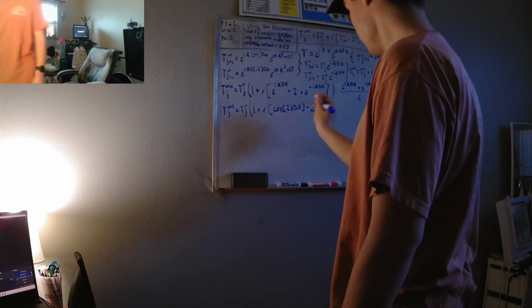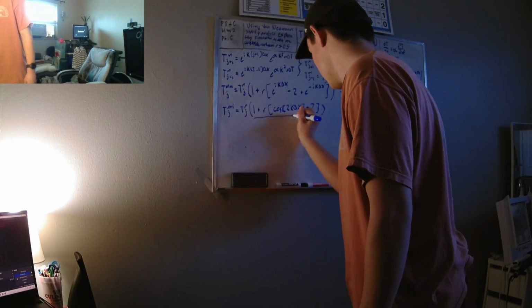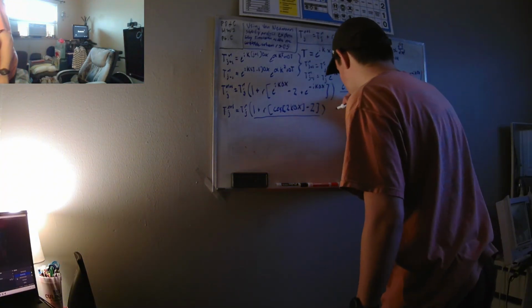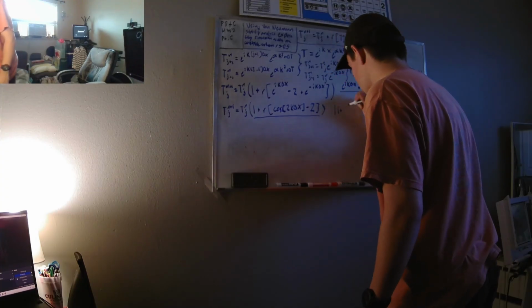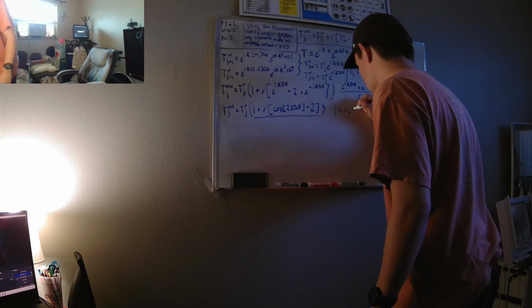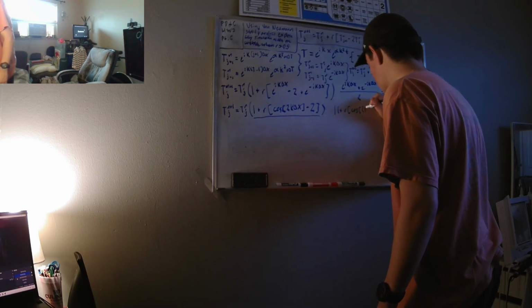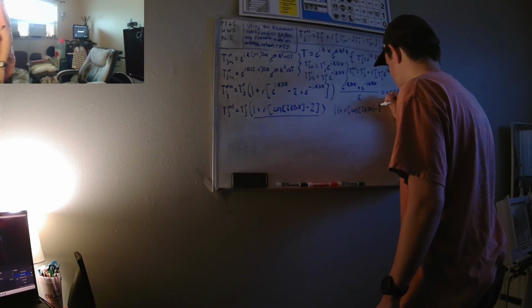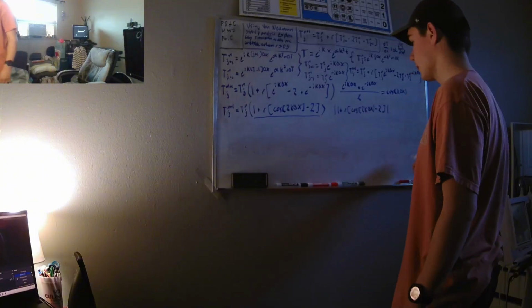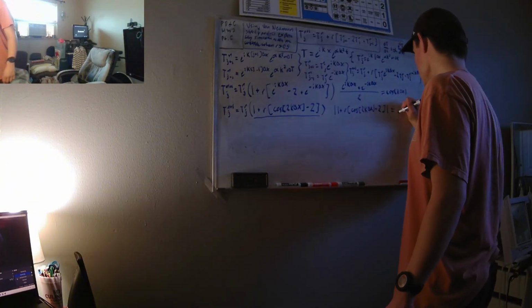And then if we specifically look at this expression here, we know that the absolute value of this r times cosine 2k delta x minus 2 must be less than or equal to 1.